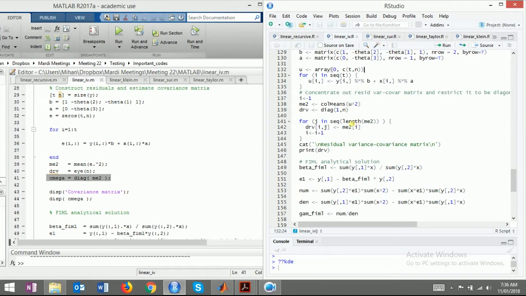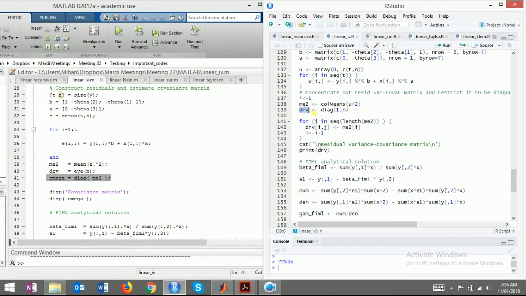So first find the mean. Then the diagonal elements you can separate out. Now in I you put 1. Then for j, which goes from 1 to the size of omega, or here the length of me2, you make use of drv, where the diagonal elements are being stored.